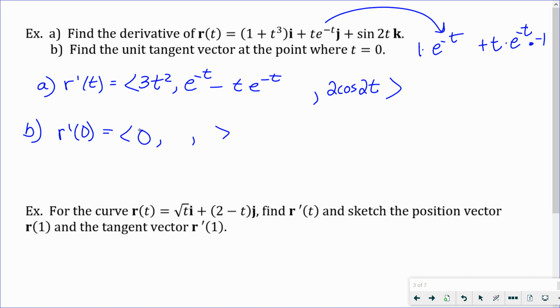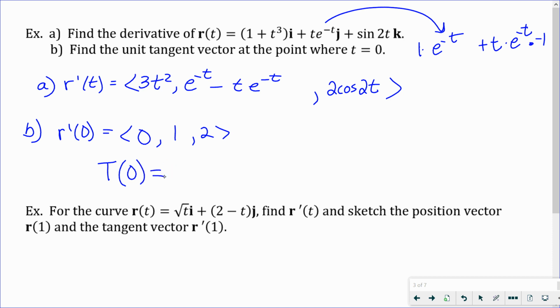Over here, e to the 0 is 1, and then I got 0 times e to the 0, so it's just going to be 1 minus nothing. 1. All right, and in the back, be careful. Cosine of 0 is 1, so 2 times 1 is 2. All right, so I'm looking for my unit tangent vector at 0. That's what I'm finding right here.